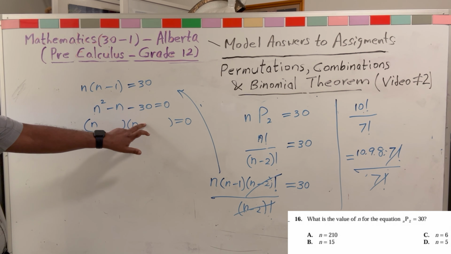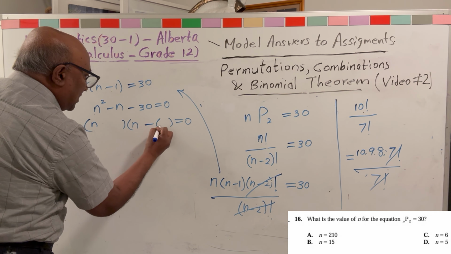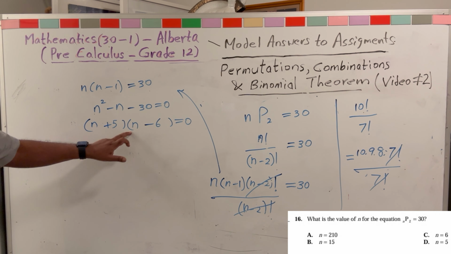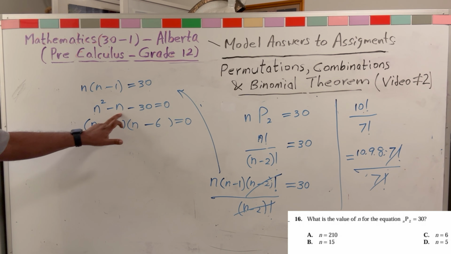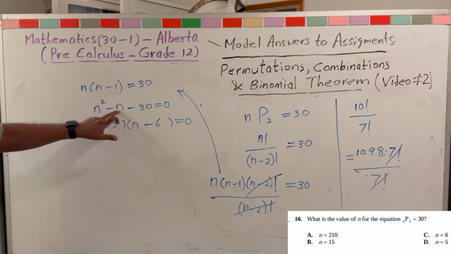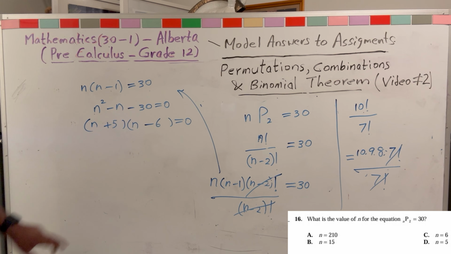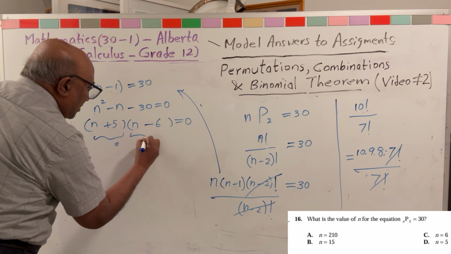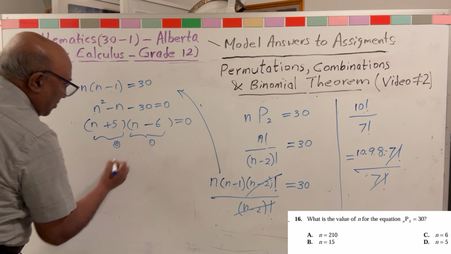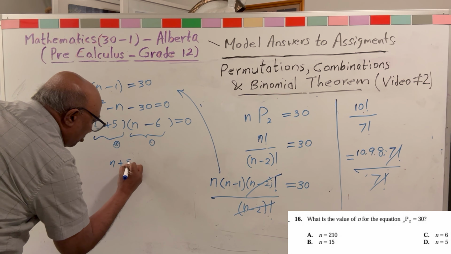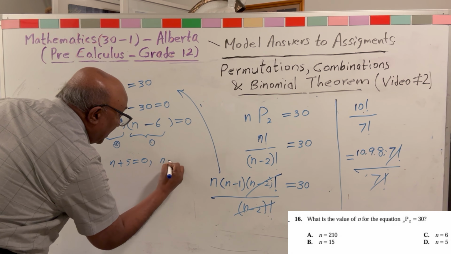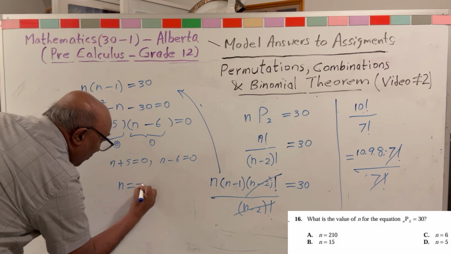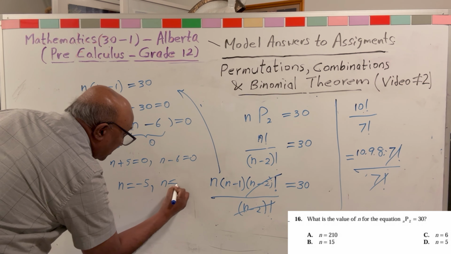Minus 6 and plus 5. Then let's check our factors: n squared minus 6n plus 5n, that will become minus n, and 5 times minus 6 is minus 30. Now let's make these two factors equal to 0. n plus 5 equals 0 or n minus 6 equals 0. From this you get n equals negative 5, n equals 6.